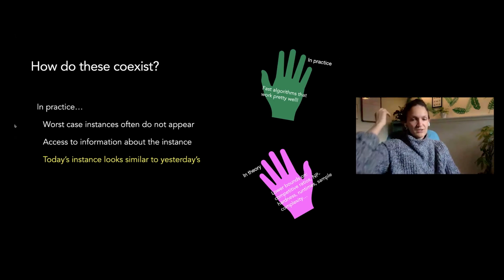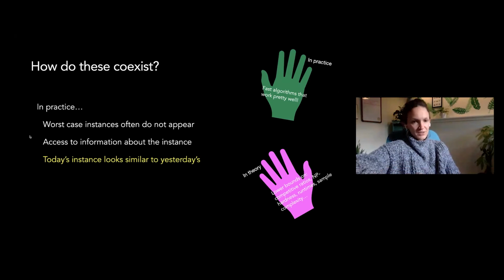So often the instances that are serving as our lower bounds for problems are kind of edge cases, or maybe not instances that we really care about in practice. Secondly, in practice, you might actually have access to additional information about the instance. And this additional information might be something that we're leaving out of our model in theory land. So that's why you're able to do better than those worst case guarantees.